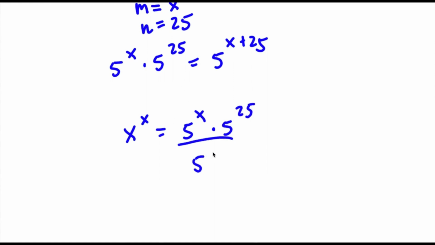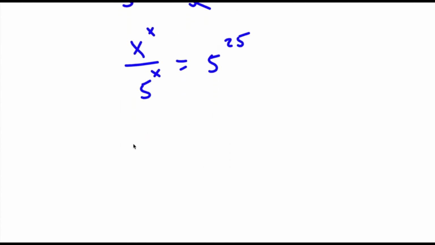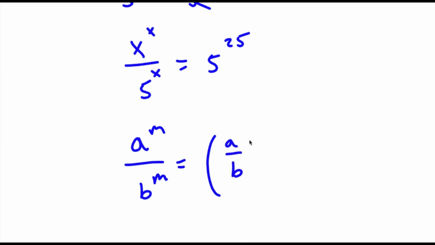Now if I divide both sides by 5 to the power of x, these two cancel out, and I'll have x to the power of x over 5 to the power of x is equal to 5 to the power of 25. Now, if I have something in the form a to the power of m over b to the power of m, this is equal to a over b to the power of m.